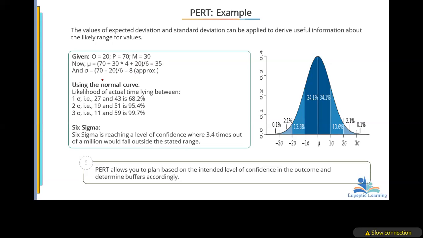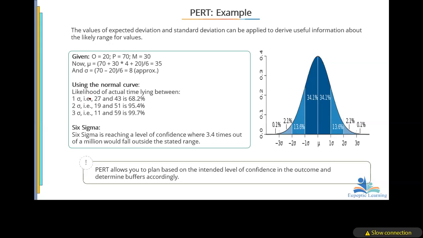Then we want to approximate the standard deviation so that we will know the buffers. The standard deviation here is pessimistic minus optimistic divided by 6, and that is 8. The normal curve shows the likelihood of an actual time lying within 1 standard deviation, 2 standard deviations, and 3 standard deviations.